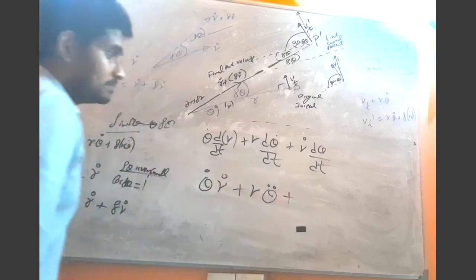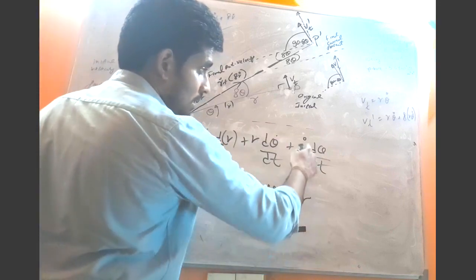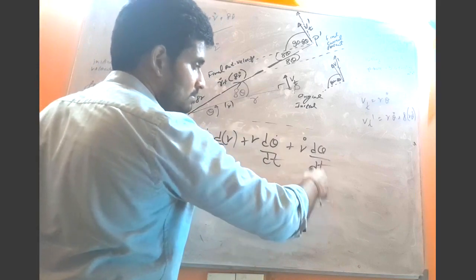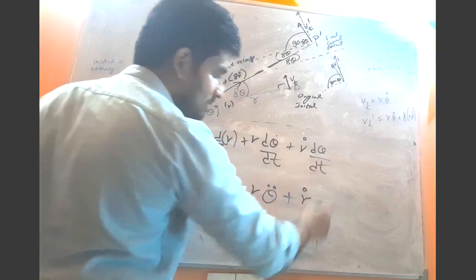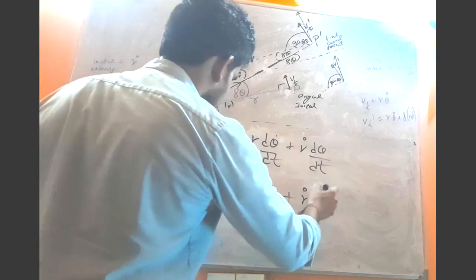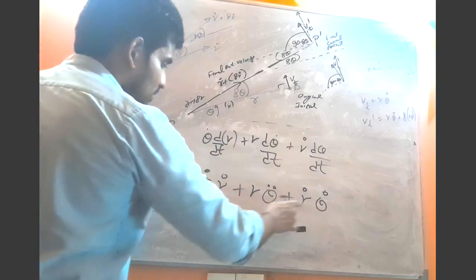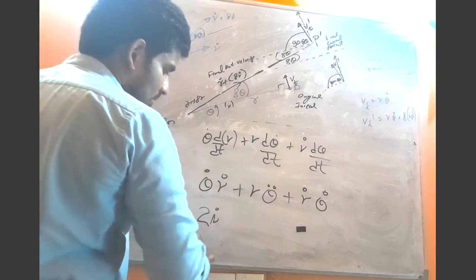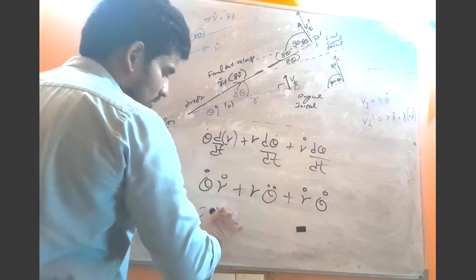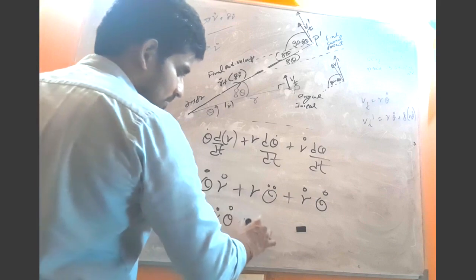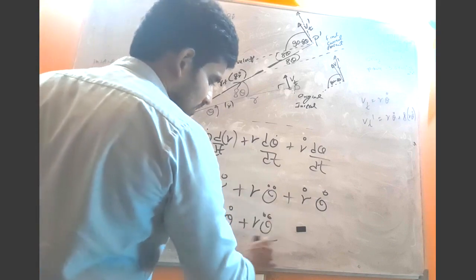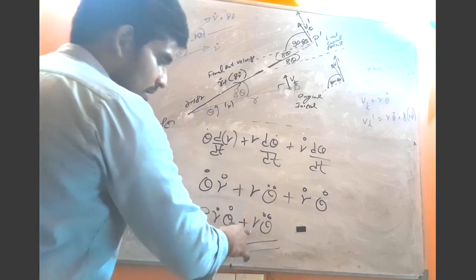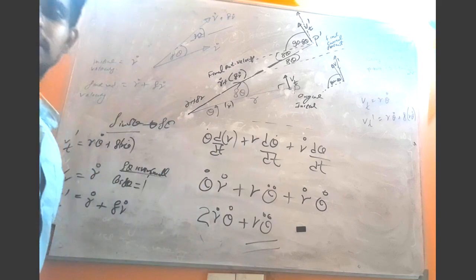Plus again here we have r dot times d theta by dt, that is the first derivative of theta with respect to time, so that will be r dot theta dot. So here we have r dot theta dot, here also we have r dot theta dot, so that will be twice r dot theta dot plus r theta double dot. So this is the equation, right? Twice r dot theta dot plus r theta double dot, right? So that is the equation, right?